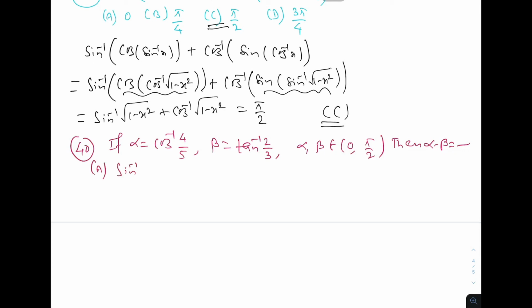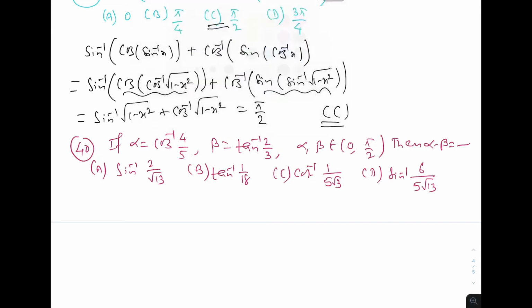Options are sine inverse 2 by root 13, then tan inverse 1 by 18, cot inverse 1 upon 5 root 3 and sine inverse 6 over 5 root 13.